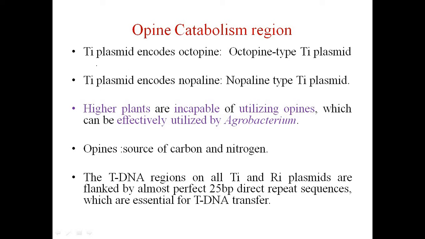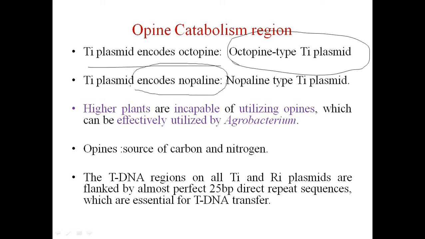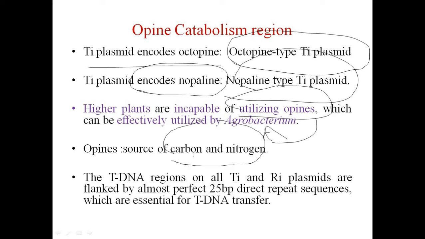Whenever the Ti plasmid encodes octopine, the plasmids are octopine type, and if they encode nopaline, they are nopaline type Ti plasmids. Interestingly, higher plants are not able to utilize these opines, whereas Agrobacterium can effectively utilize them as a source of carbon and nitrogen.